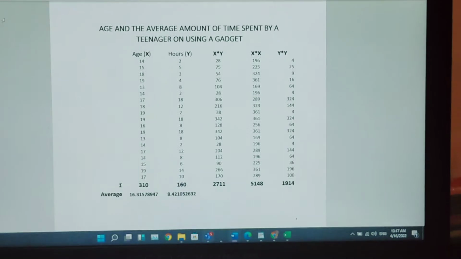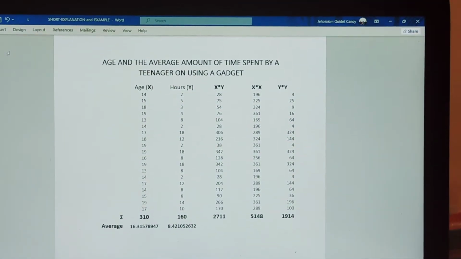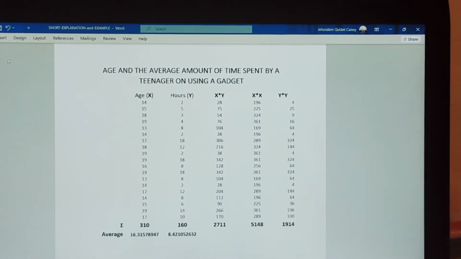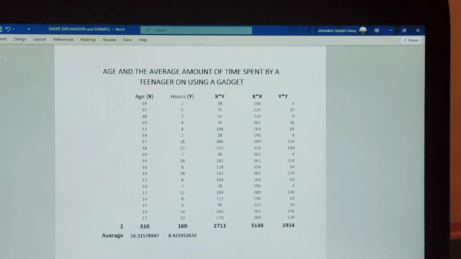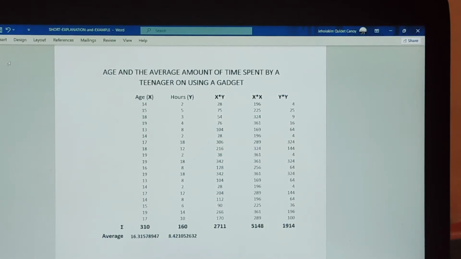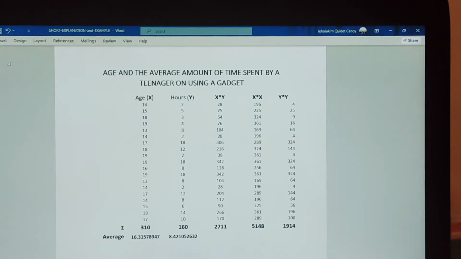Our group decided to gather data relating to the age and the average amount of time spent by a teenager on using a gadget. When we say gadget, it considers everything that uses electricity, like smartphones, laptops, and tablets.